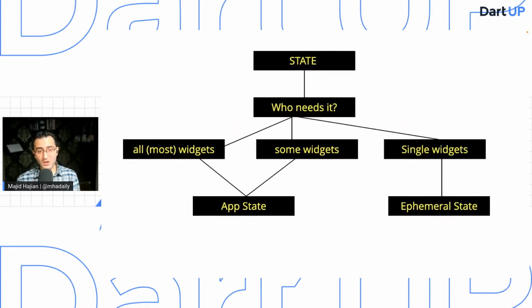When I say it really depends, it depends on which widget you want to share with. So if you have a state that you want to share across all widgets or some of the widgets, well, that is what we call app state, right? And then if you have maybe state that is just particularly for one widget, then that is what we call ephemeral state.